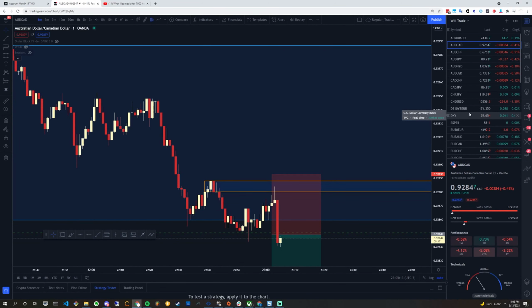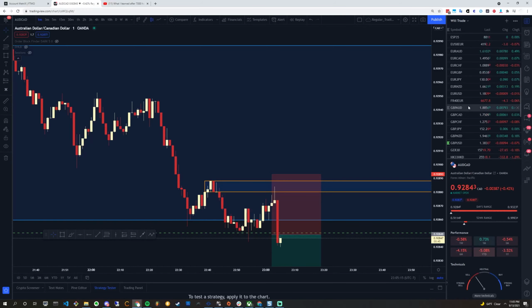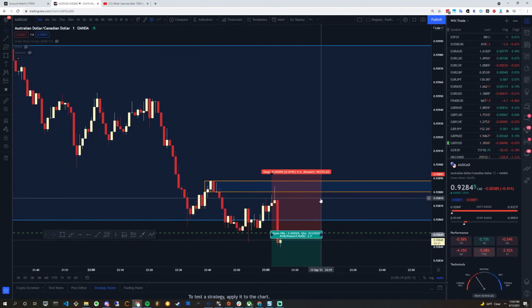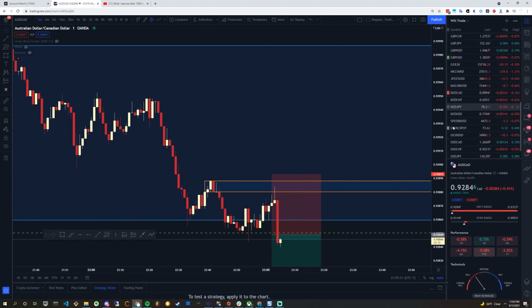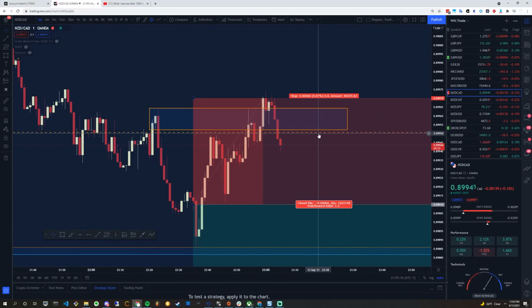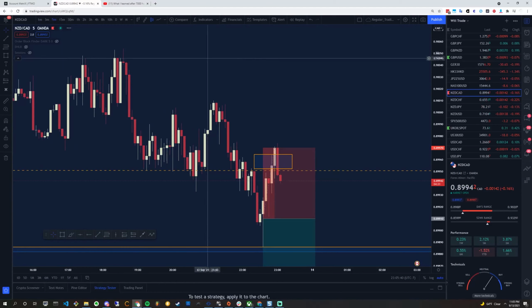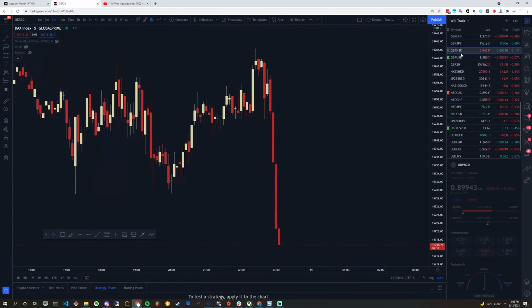Let's check out US 30. I'll re-enter this if we get taken out of this one, because I still believe this is going to continue lower, because we closed under our low here with a candle. With a candle body, I mean, Jesus. Oh, New Zealand CAD. Well, it's okay, we're trading Aussie CAD.